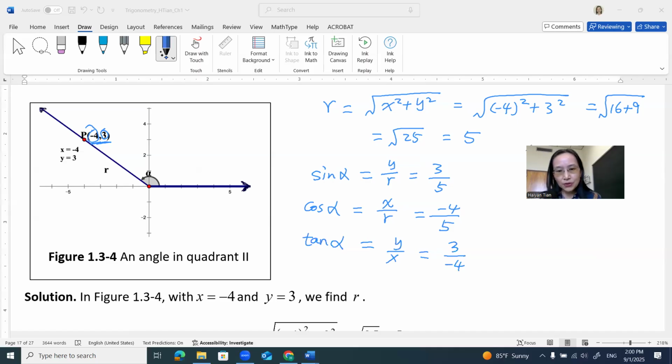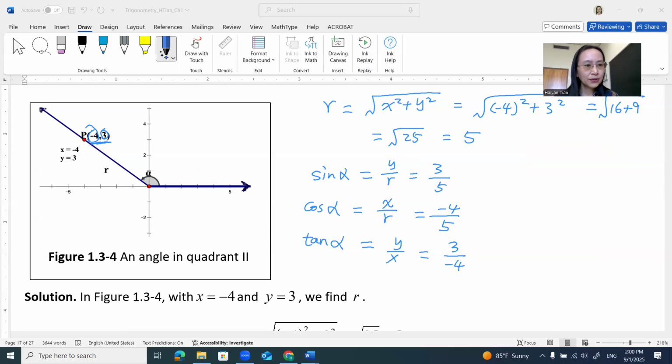Then continue. I'm going to use this format to have you memorize the other 3 functions, like cosecant. Cosecant alpha is r over y. R is 5, y is 3. Secant alpha is r over x. R is 5, x is -4.